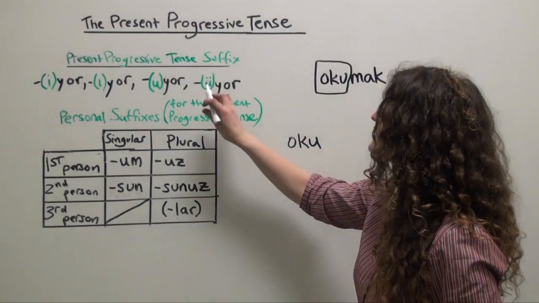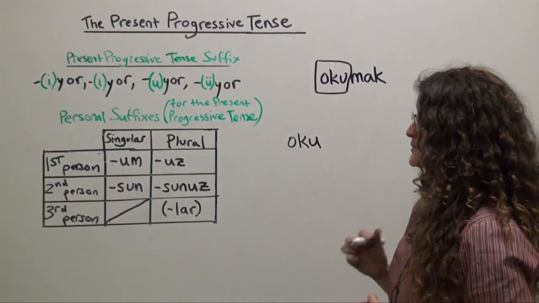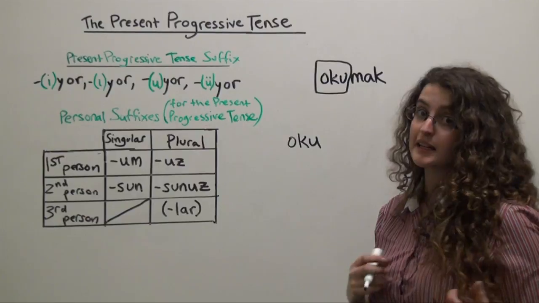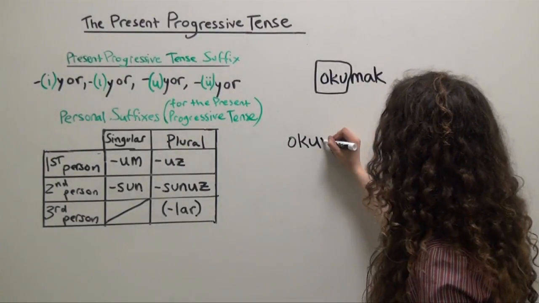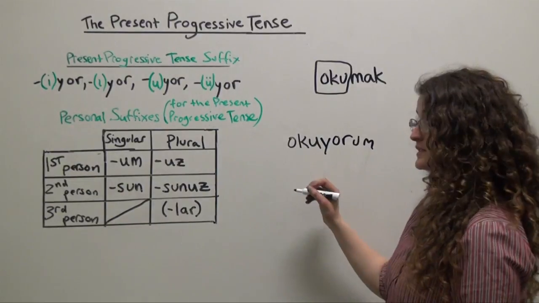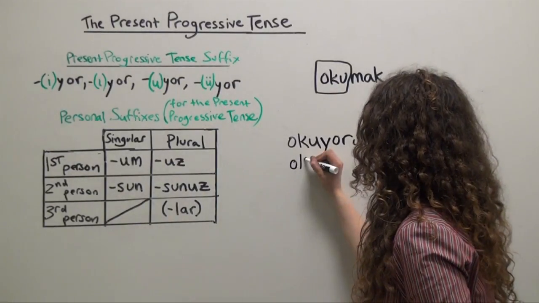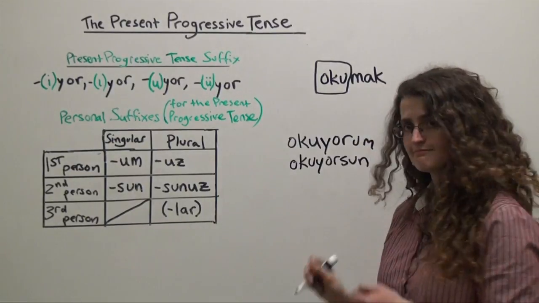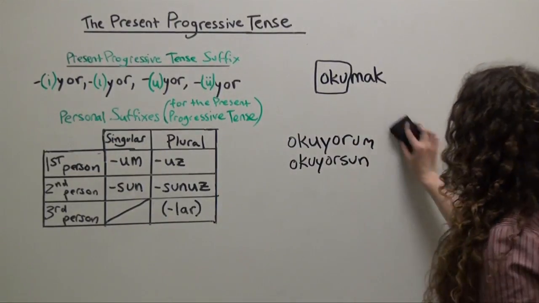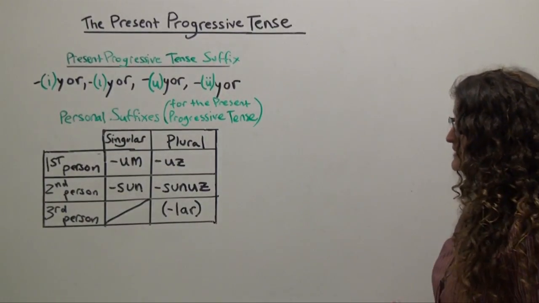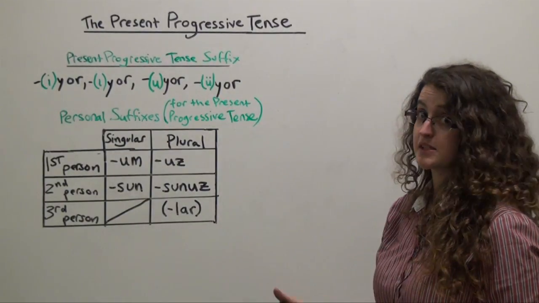You don't need one. So you're simply going to add the present progressive tense suffix yor. So let's say I want to say I am reading or I habitually read. I'm going to say okuyorum. Or if it's second person singular, you read or you are reading, okuyorsun. It's pretty simple.